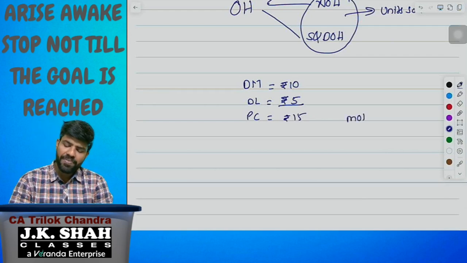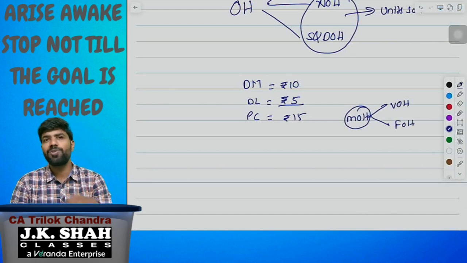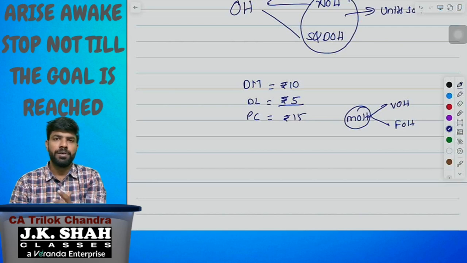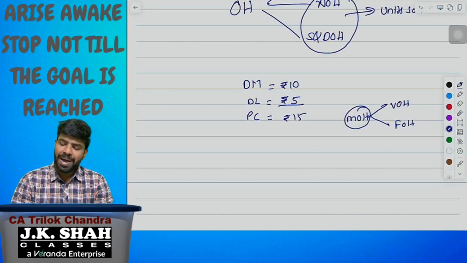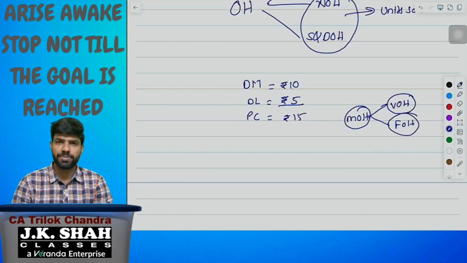When it comes to manufacturing overheads, again we can classify into variable overheads and fixed overheads. I am just trying to explain the main focus of this chapter. So direct material is 10 rupees, direct labor is 5 rupees, prime cost is 15 rupees. Manufacturing overheads we can classify into variable overheads and fixed overheads.